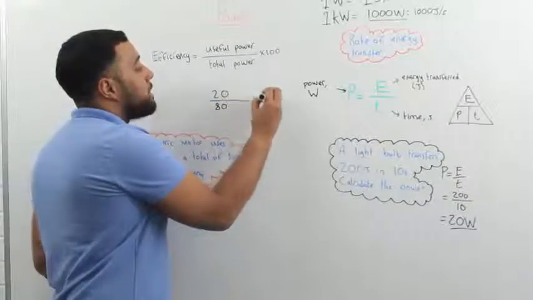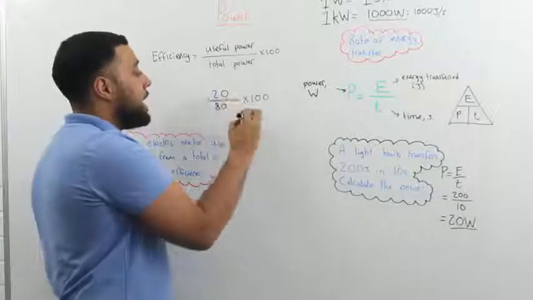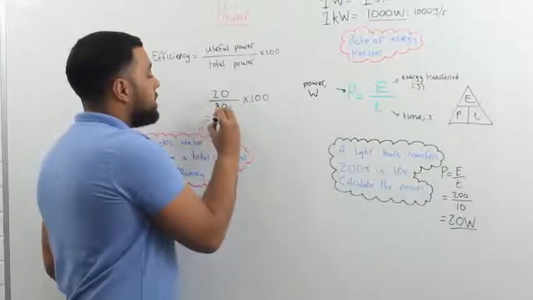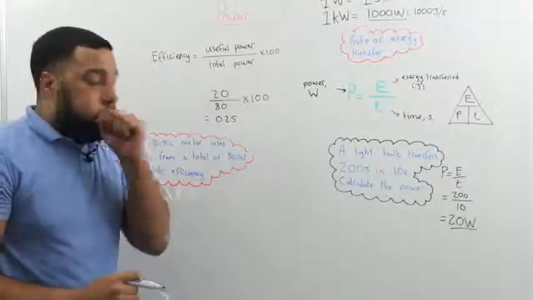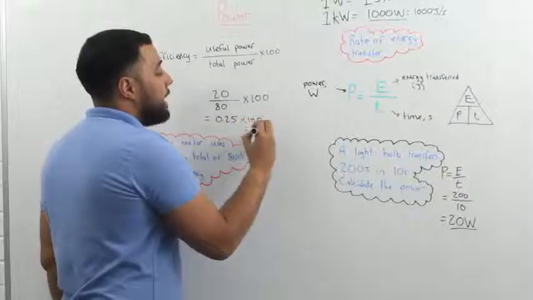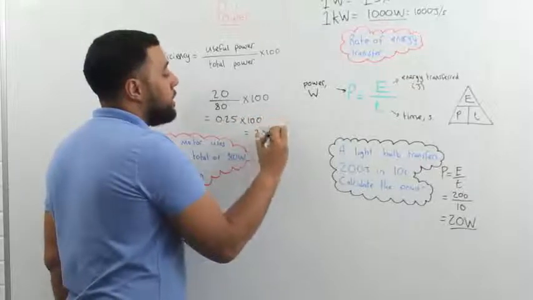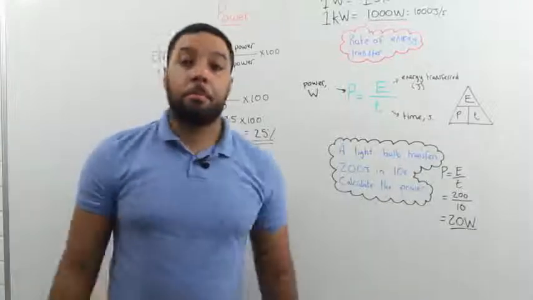I then times my answer by 100. So 20 over 80 gives me 0.25. And then multiply that by 100, it gives me an efficiency of 25%.